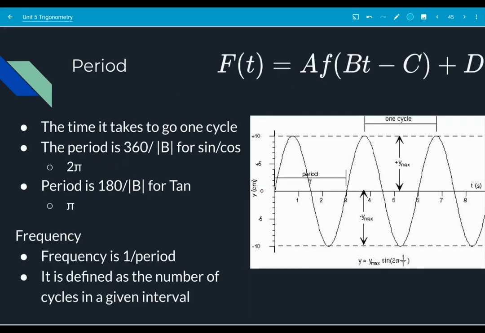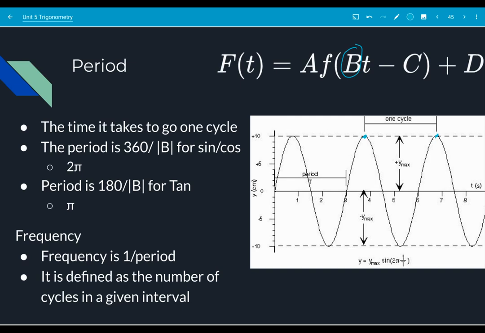Next we're going to look at is the period. The period is related to the b in our function. A period is from one peak to the next peak of the waveform. Okay. The period of sine and cosine unmodified is one circle.